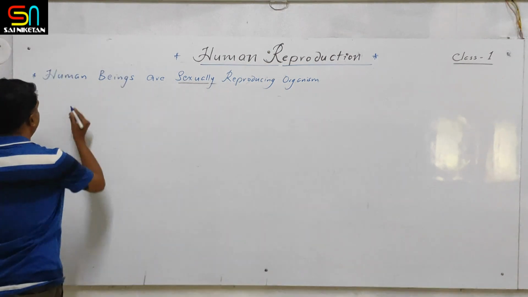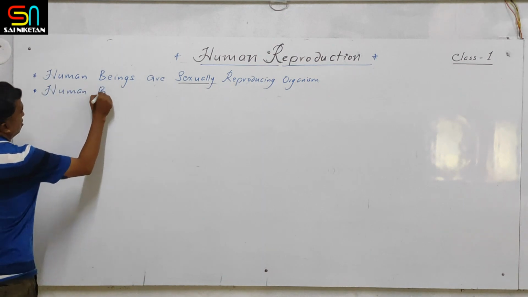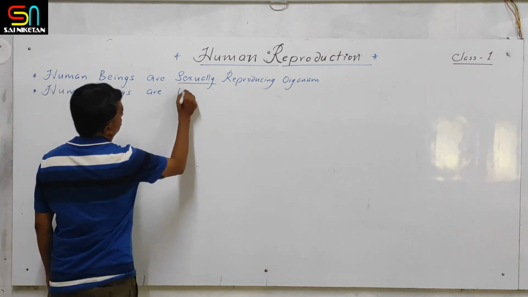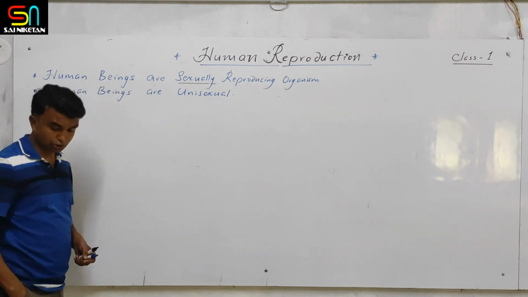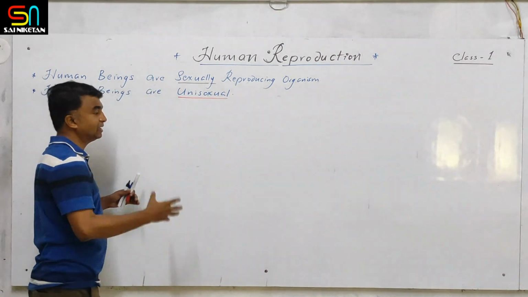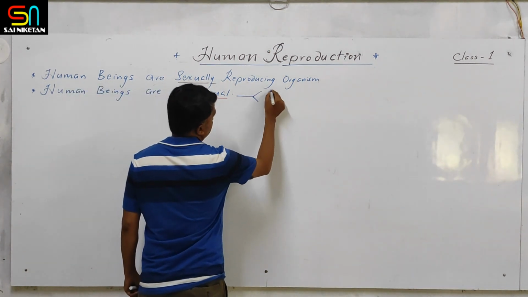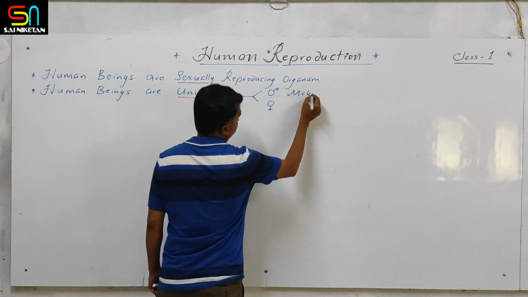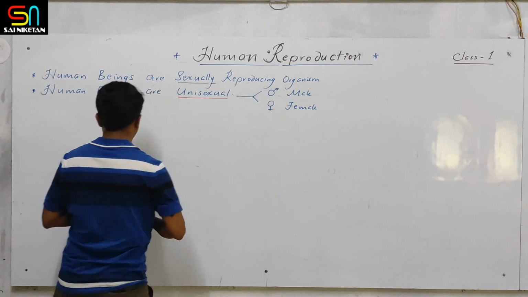Second point, human beings are unisexual. Unisexual means the male and the female organisms are totally different. In this, you will get the male organism and the female organism. So this is the male and this is the female.